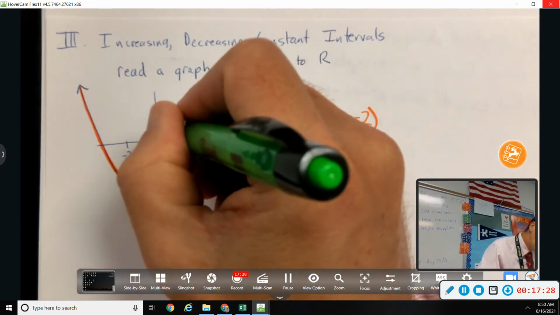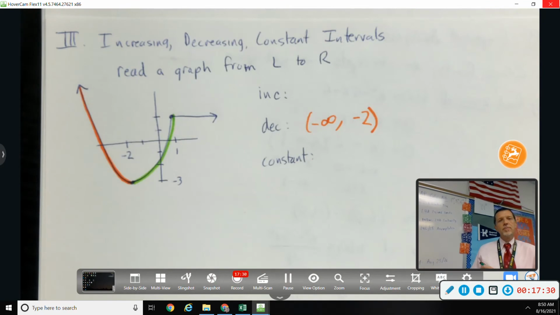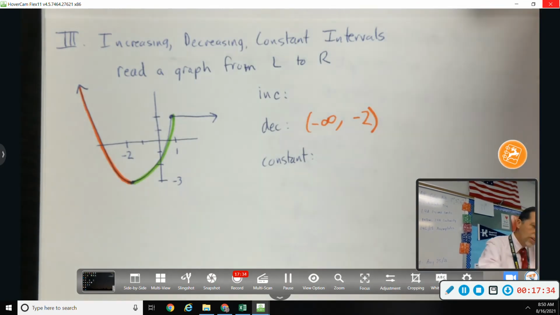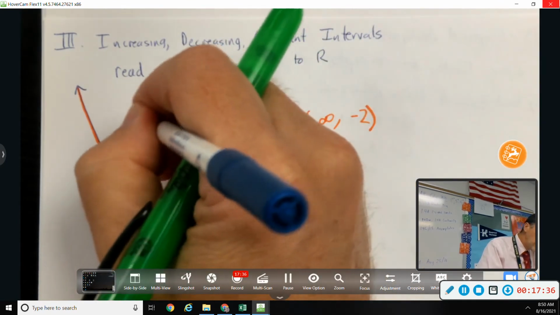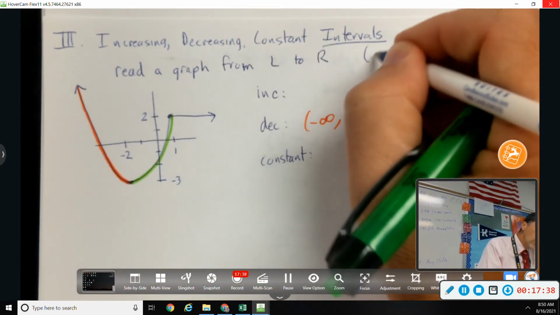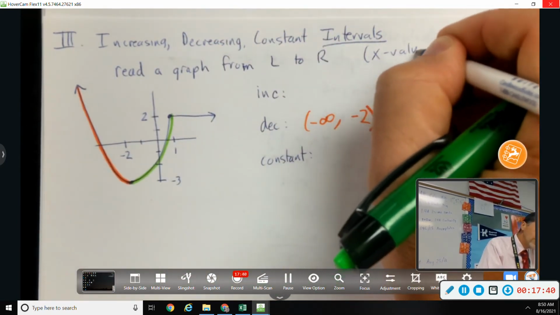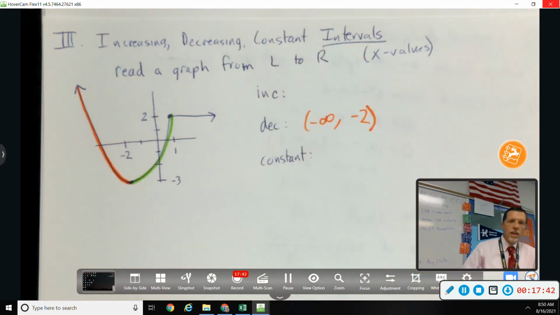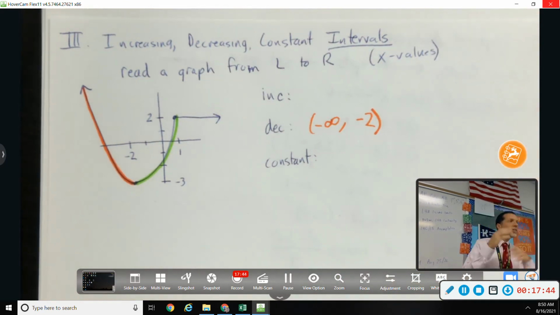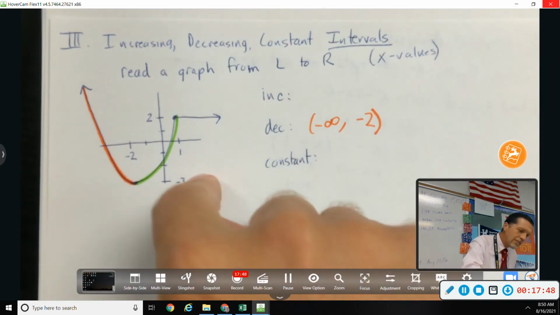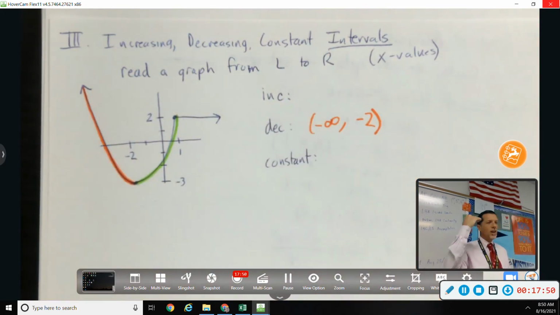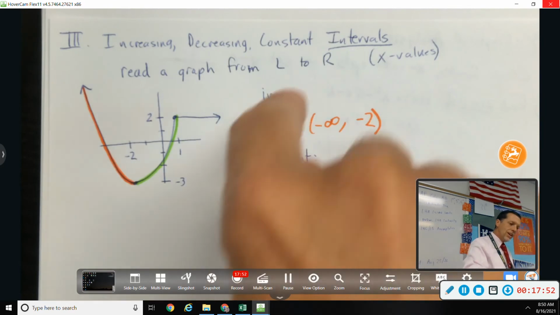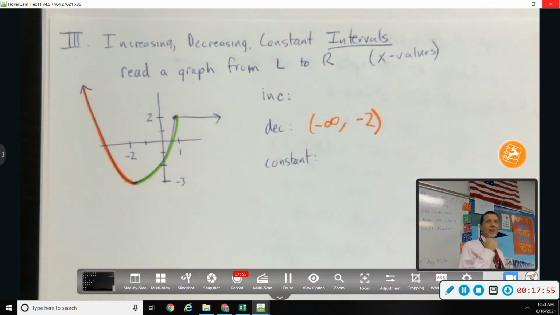How about this interval? What's going on there? Increasing. Now here's the other place that people mess up. When we give intervals, it's always x values in our intervals. And the trick is increasing and decreasing, you're looking at y values, right? Like it goes from -3 to 2, so it's increasing. But when we write the increasing interval, we need to write an x interval.